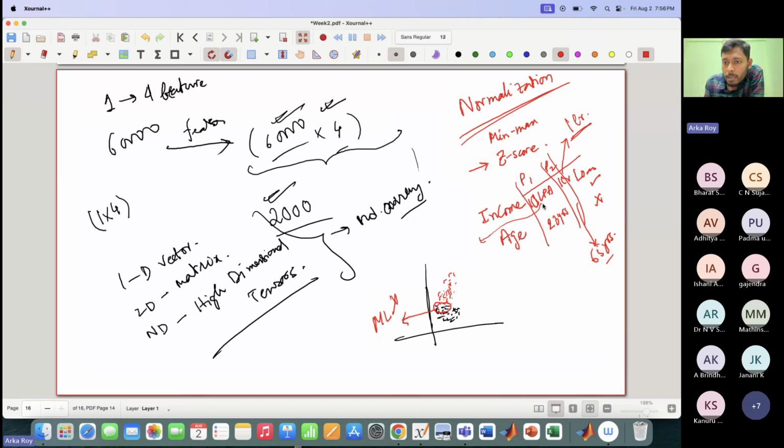But the problem is you have to see the second aspect as well, age. Person 1's age is 23 years. Person 2's age is 65 years. Because he is an aged person, he may die as well.